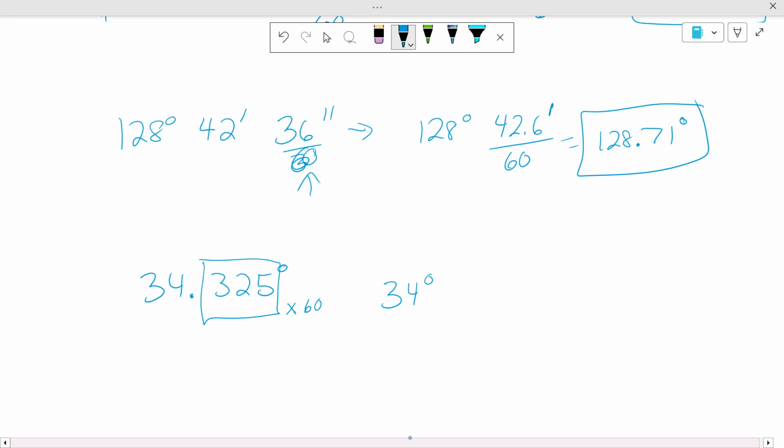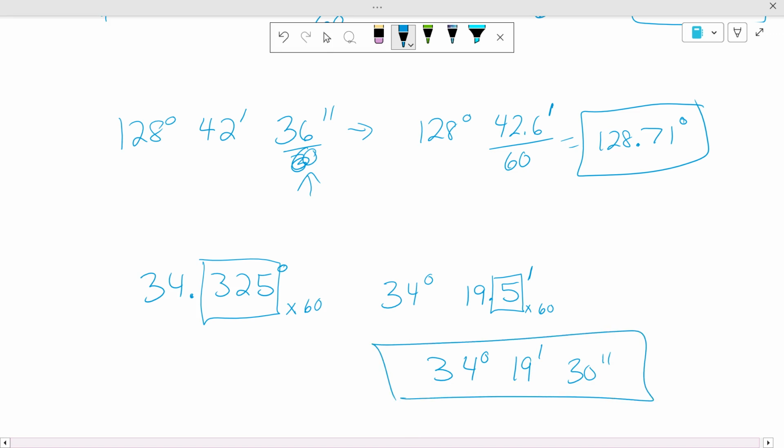So this is 34 degrees. And then what's 0.325 times 60? 19.5 minutes. And then we're going to take this part, cut it off, and multiply that by 60. And that is obviously 30. So we end up with 34 degrees, 19 minutes, and 30 seconds. Boom, boom, boom, boom. Okay? Easy peasy lemon squeezy.